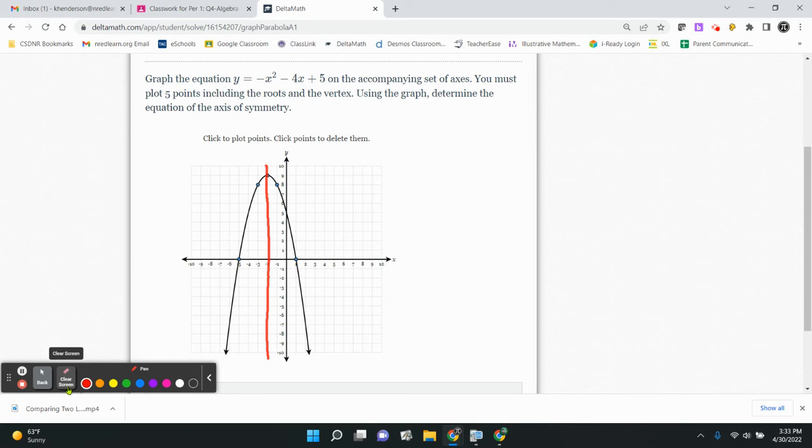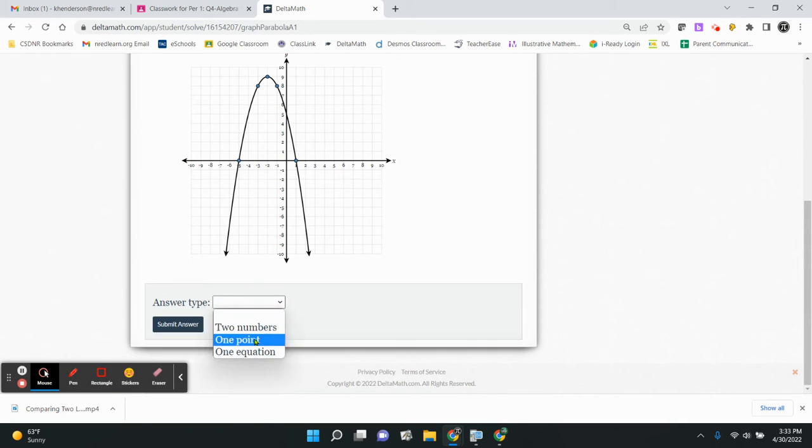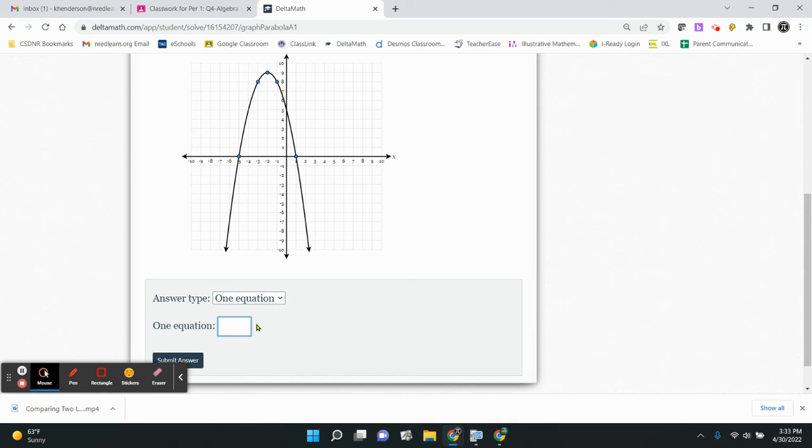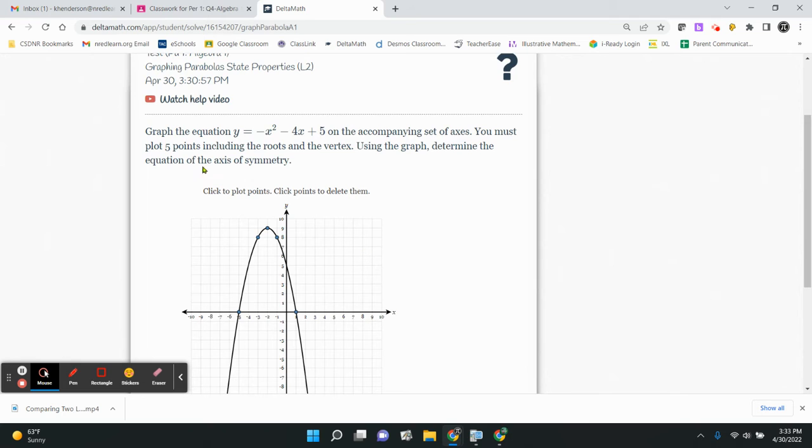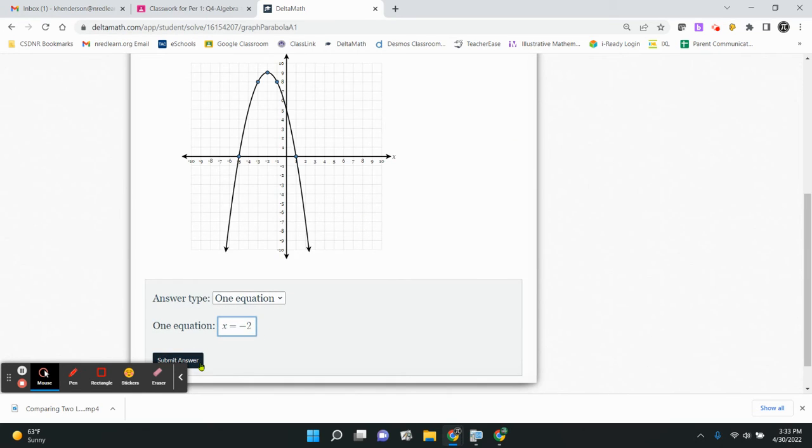And it only intercepts the x-axis, and that's why you would say it is x equals negative 2. So the equation is one equation, and it is x equals negative 2. There's one equation for the axis of symmetry, and it is a vertical line running through negative 2.